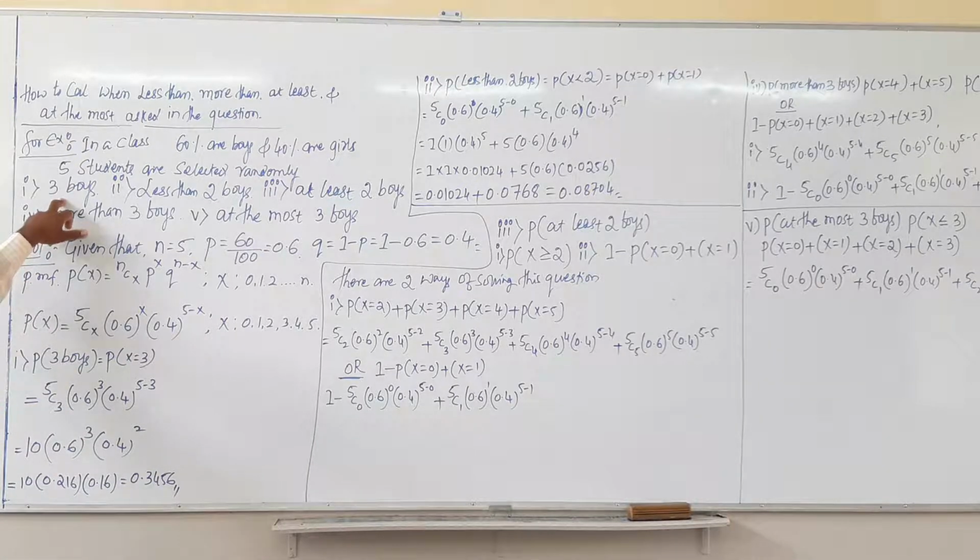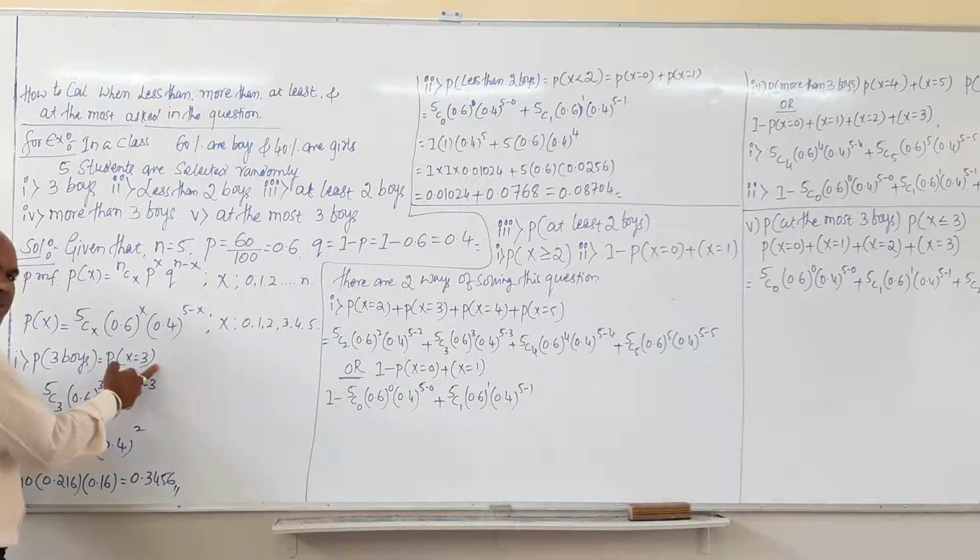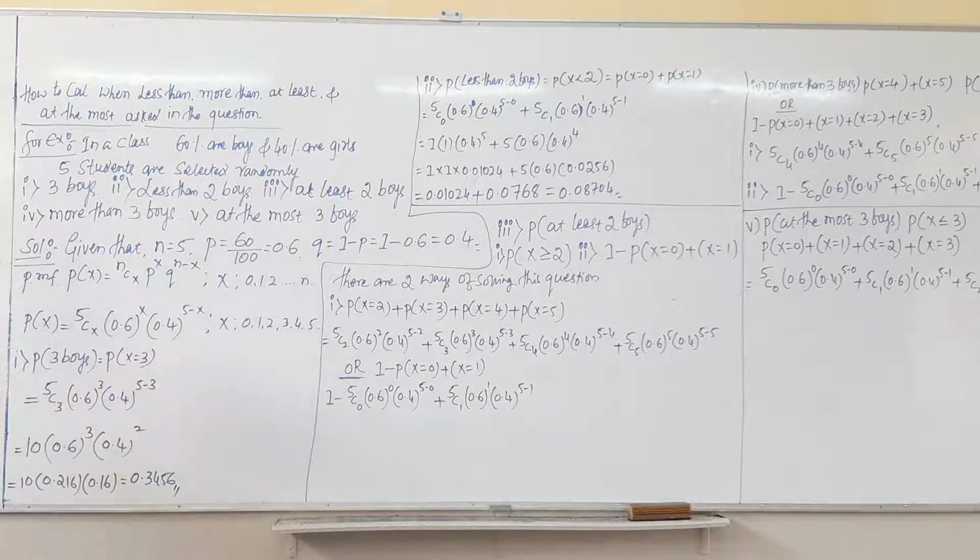They directly asked 3 boys. Then there is no doubt at all, the x value will be 3. So the probability of 3 boys, when 3 boys are selected, x will be taken as 3. Then 5C3, it means the combination, out of 5 students, 3 must be boys.